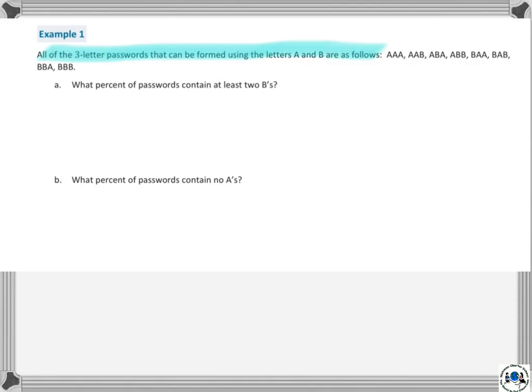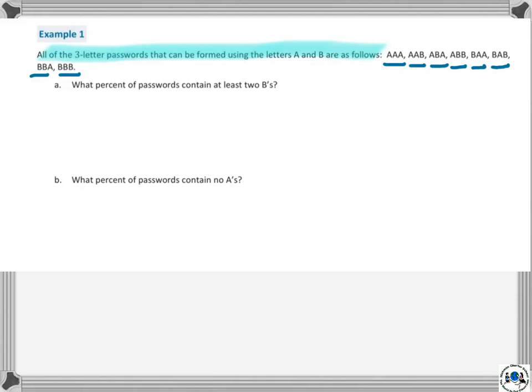All of the 3-letter passwords that can be formed using the letters A and B are as follows. They give them to you here. We have AAA, AAB, ABA, ABB, BAA, BAB, BBA, BBB.